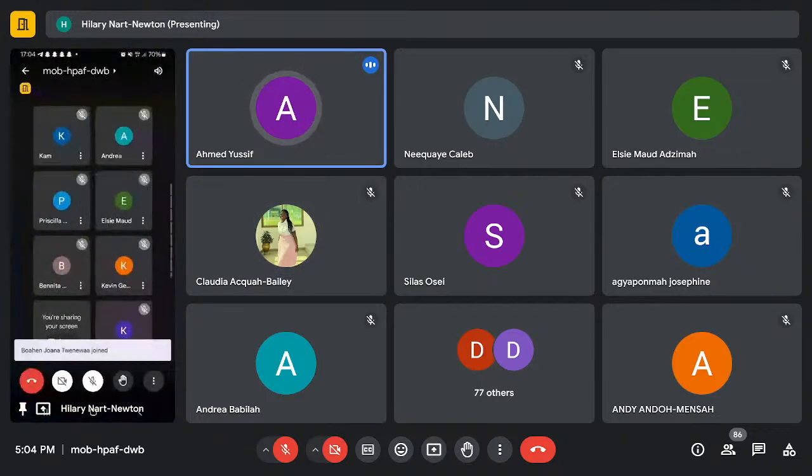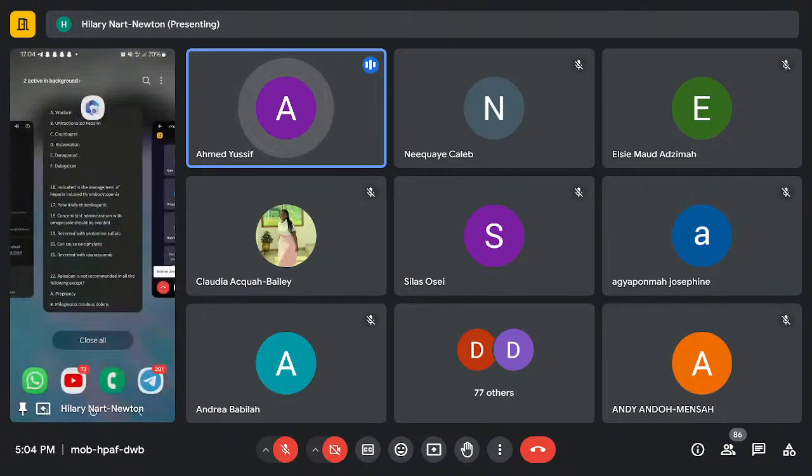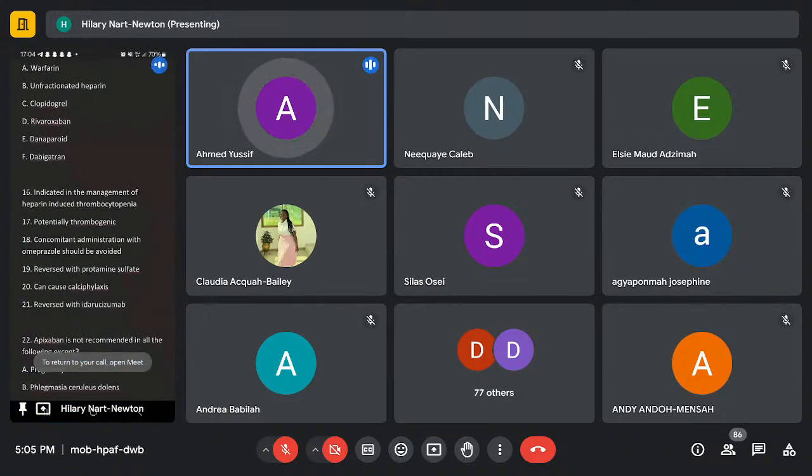Exactly. So what you need to understand is when you give clopidogrel, it's inactive. It's a prodrug. It has to be converted to the active metabolite. And this conversion is done by cytochrome 2C19.